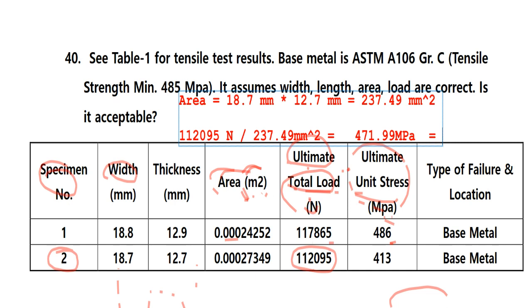So round it to 472, and the fracture location, failure location, is base metal.